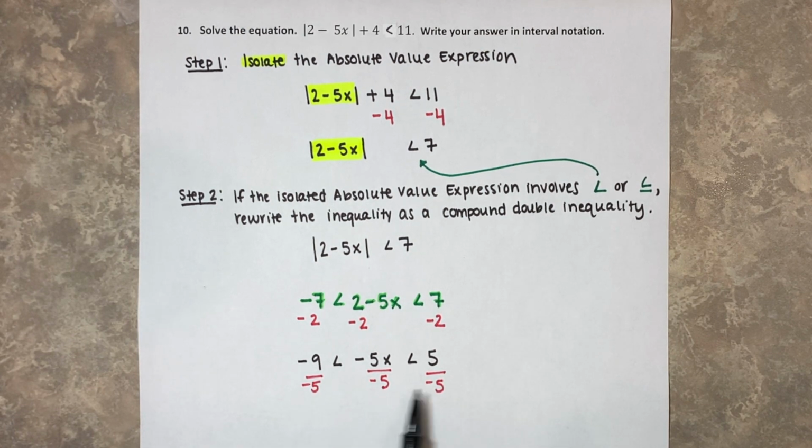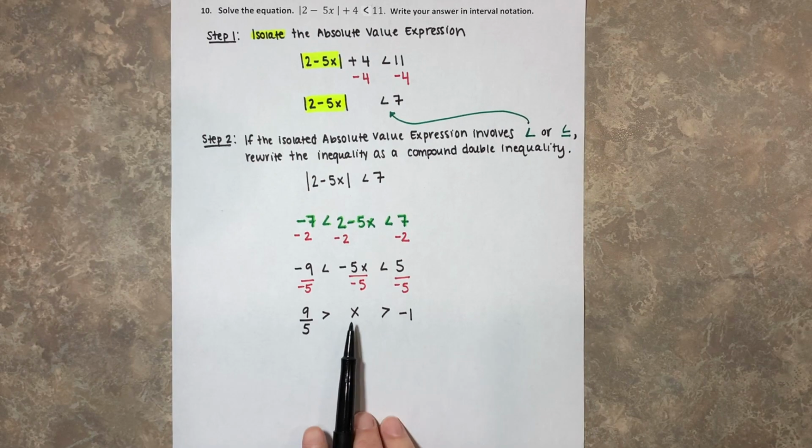So since we're dividing by a -5, let's flip this inequality, and we'll flip this inequality. And -9 divided by -5 will leave us with a positive 9/5. These -5's will cancel, leaving us with x, and 5 divided by -5 will give us a -1. So this says that x is between -1 and 9/5.